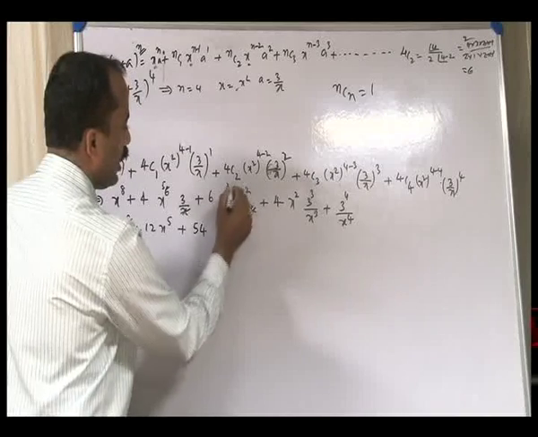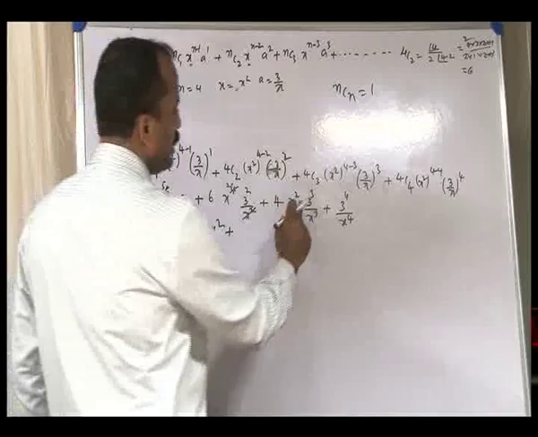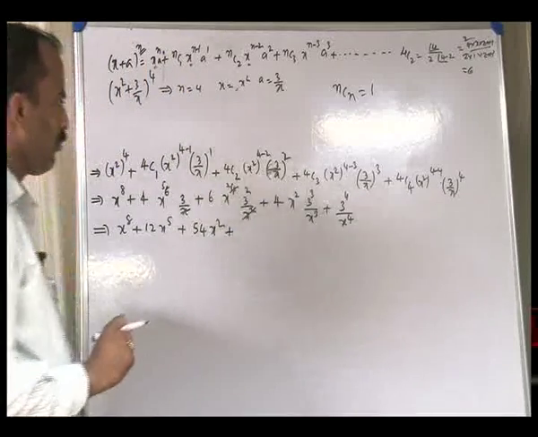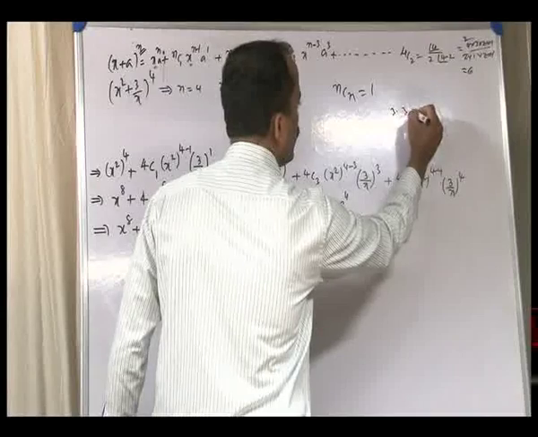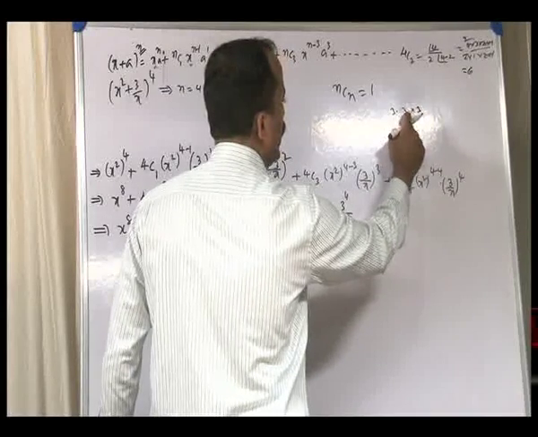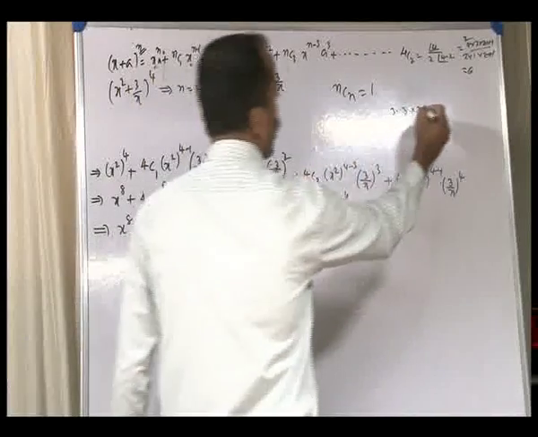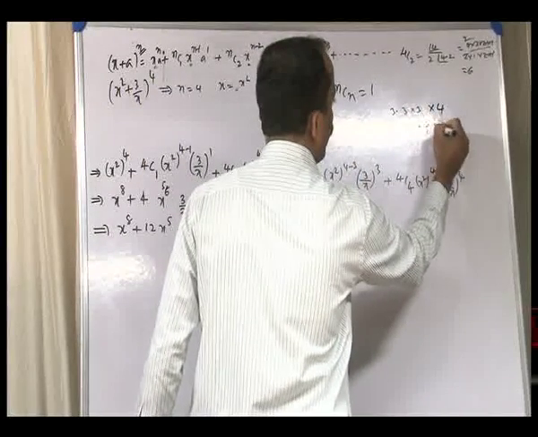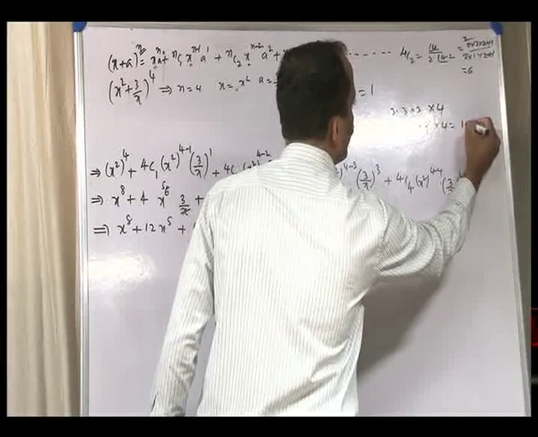See x power 4 divided by x squared is x squared, plus 3 cube is 3 into 3 into 3, okay, 3 into 3 is 9, 9 into 3 is 27, 27 into 4 is equal to 108.